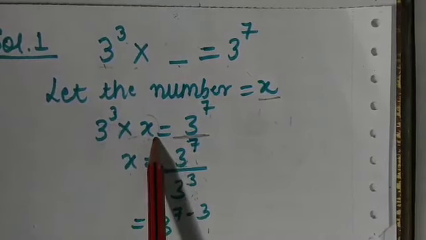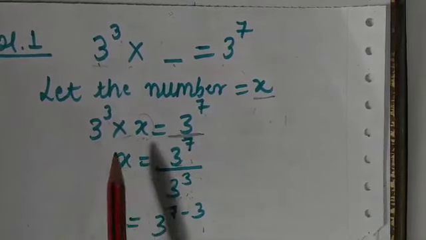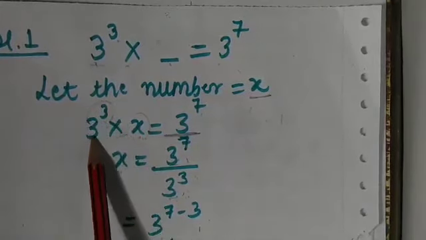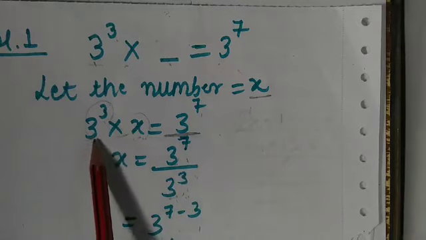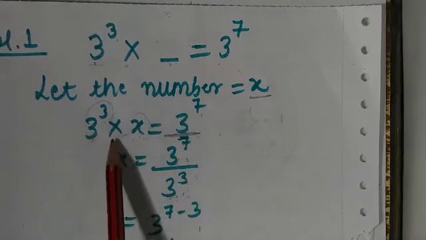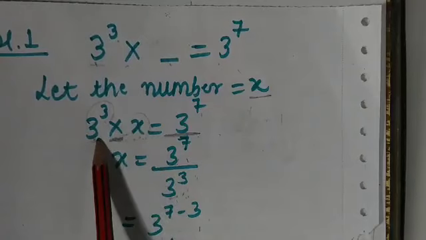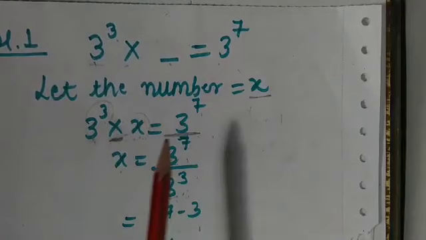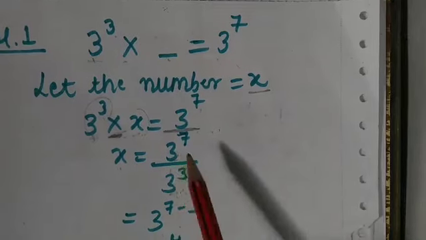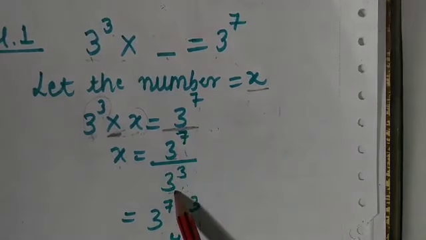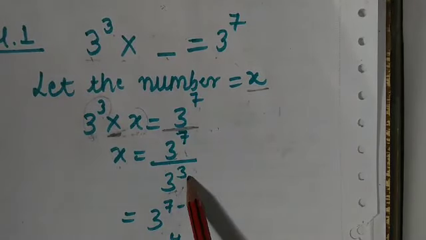I have to make x separate, so I shift this to the right side, and since it is in multiplication with x, on shifting to the other side it will be in division. So it will be 3 raised to the power 7 over 3 raised to the power 3.